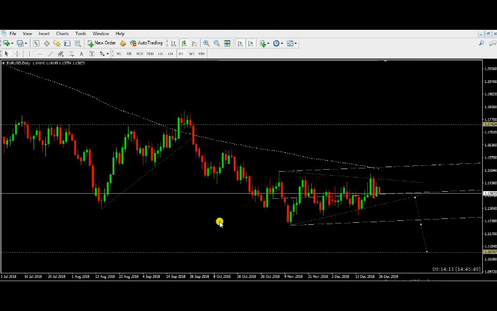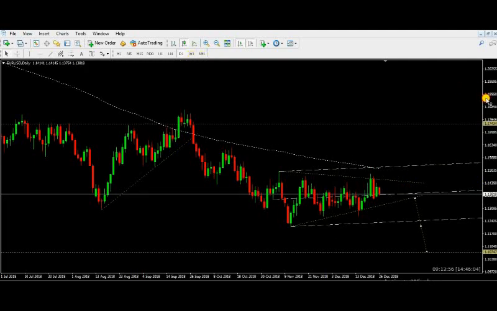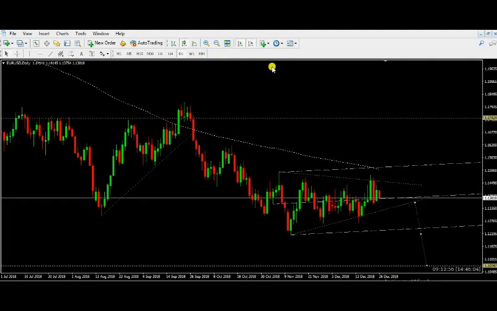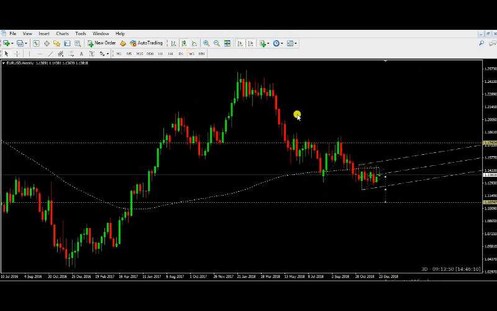As I said, there are only two ways that this can go. We don't want to flip a coin just because coins have two sides. No, we don't want to flip coins. But what we want to do is to see the outcome of this situation based on the price action activity.